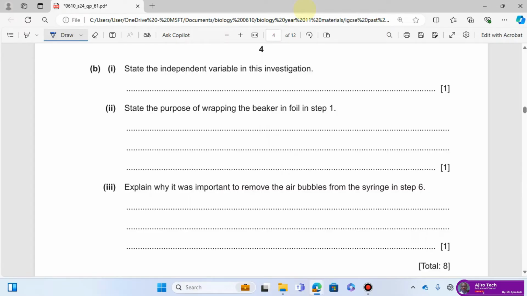State the independent variable in this investigation. Independent variable means the variable that the experimenter manipulated. So what was manipulated? We manipulate the time of the citrus fruit in water, the time the citrus fruit stayed in water.